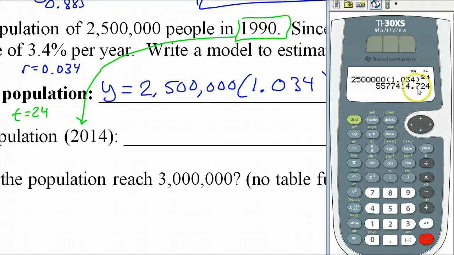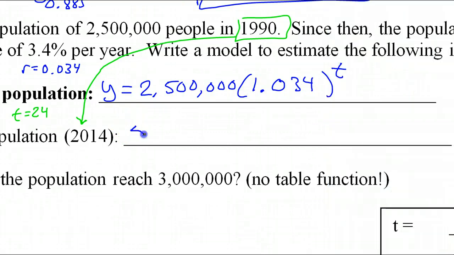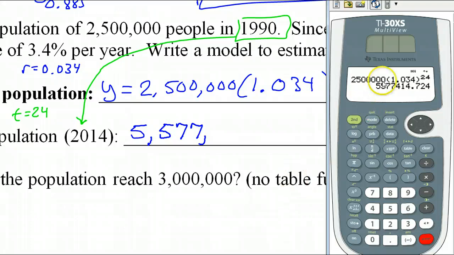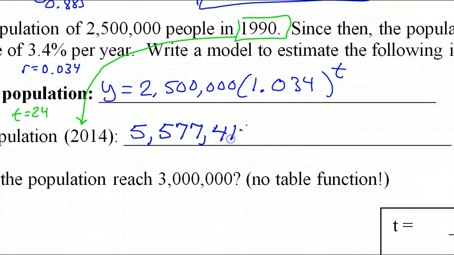I'm going to round to the nearest whole person, so I'm going to round this up to a 5. So let's see, 5,577,415 people. Okay, that's the population today.